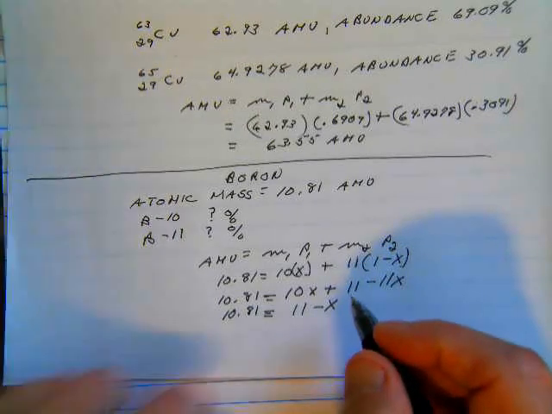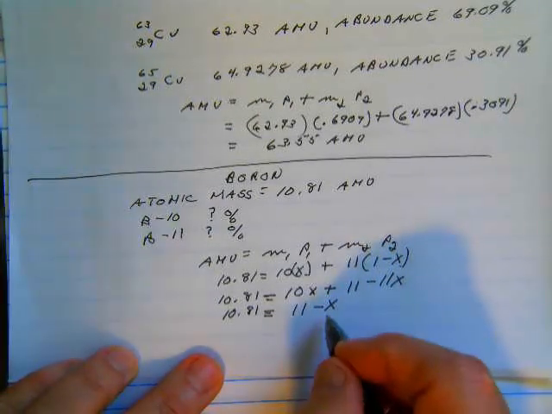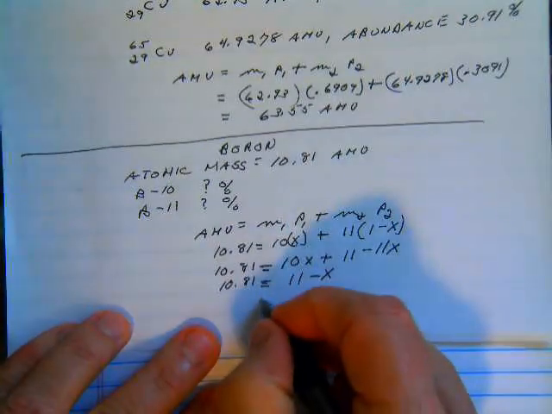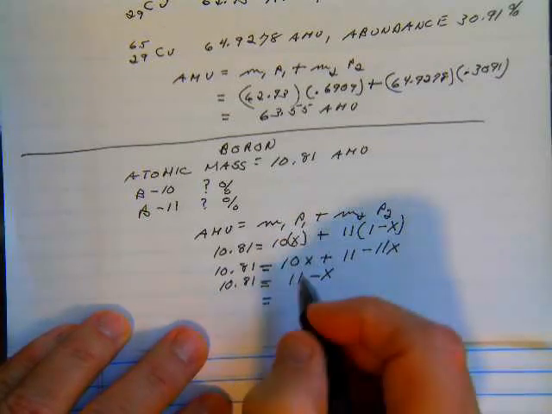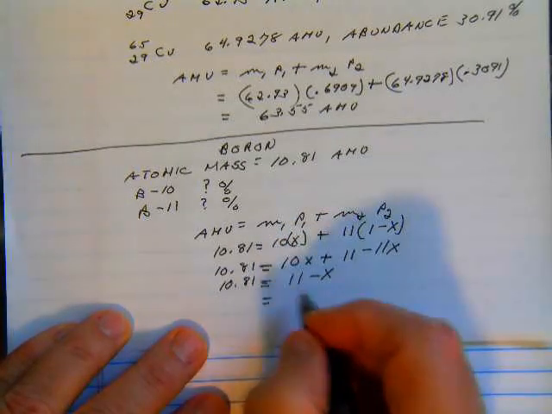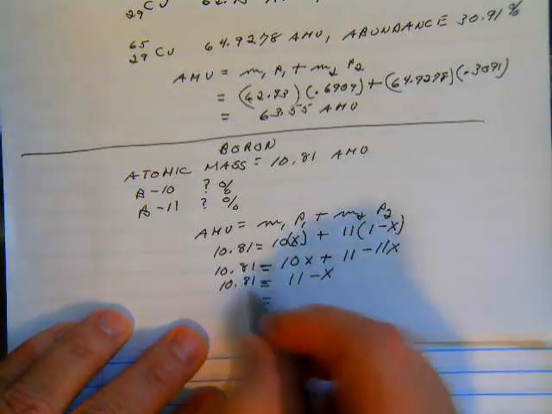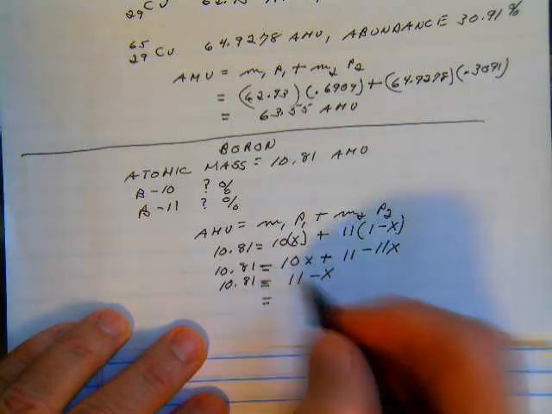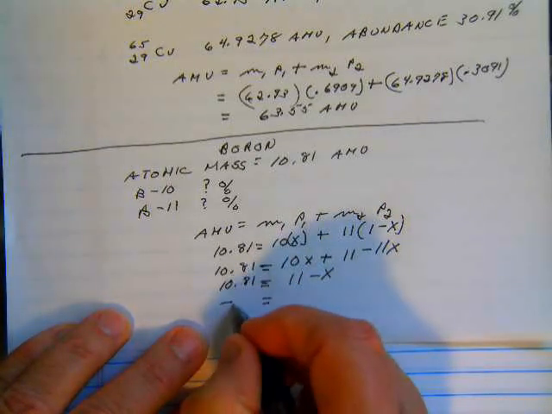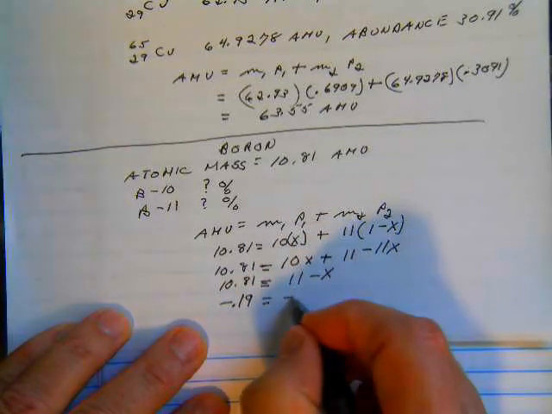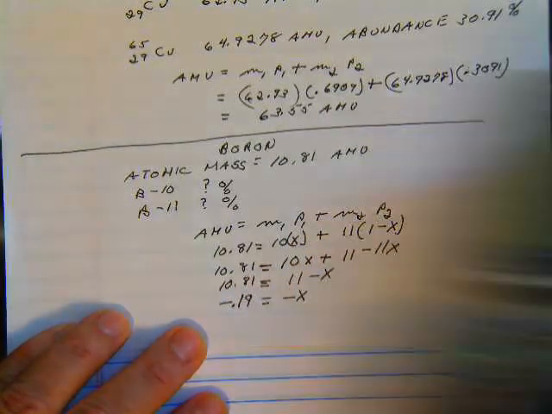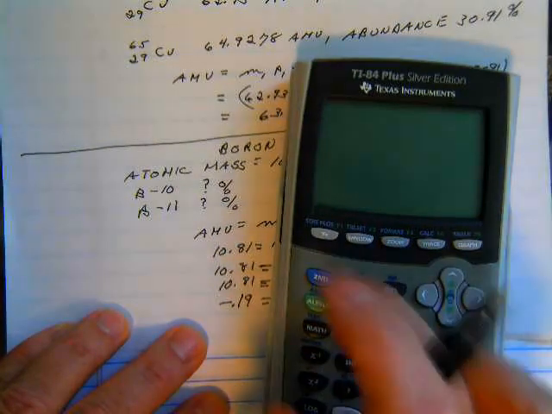We want to get X by itself, so let's subtract 11 from each side. 10.81 minus 11 gives us negative 0.19 equals negative X. Let's just make sure my calculations are right there.